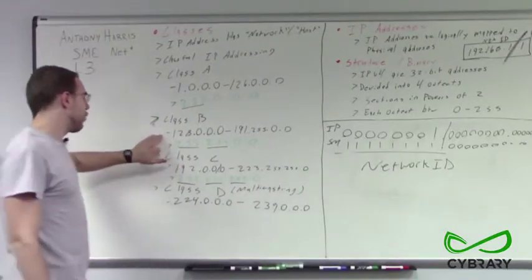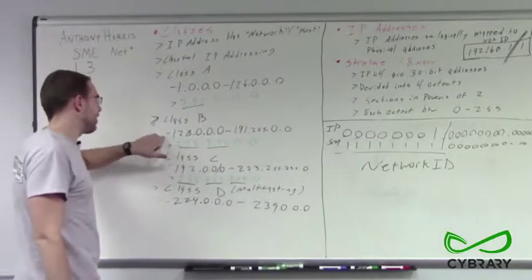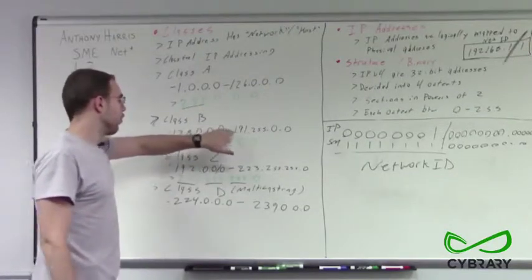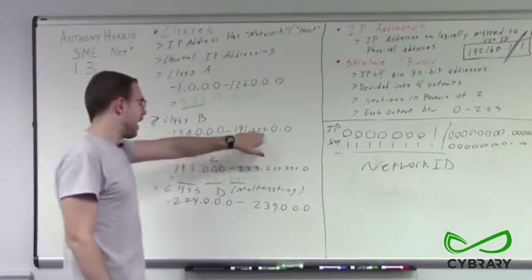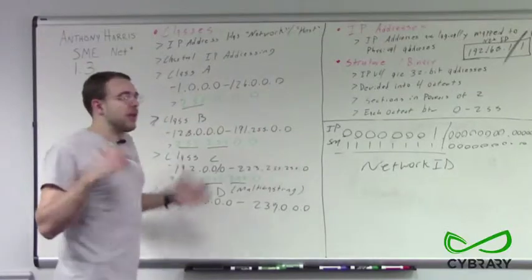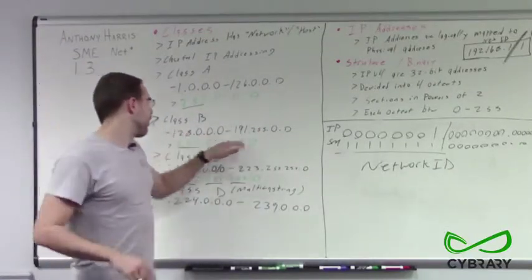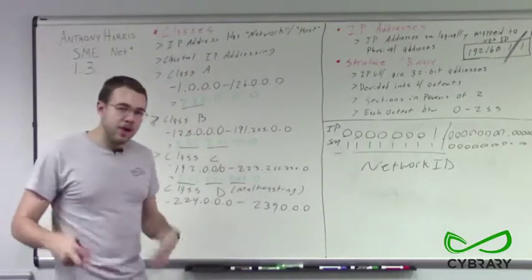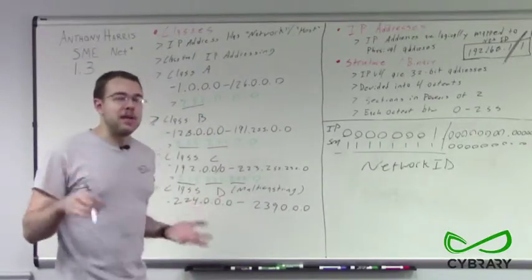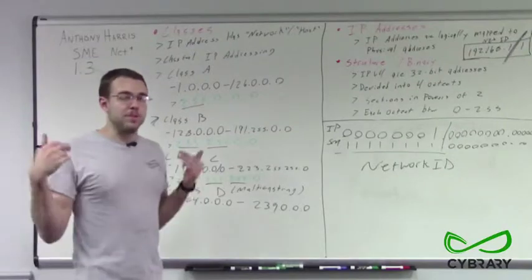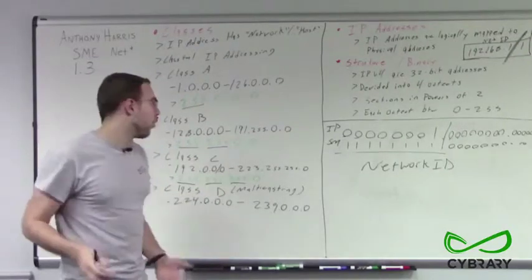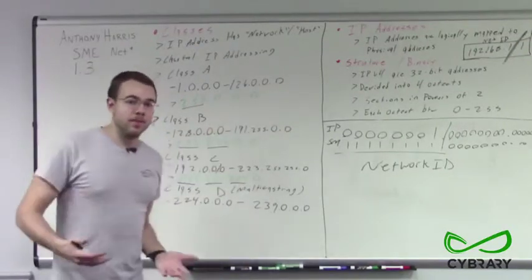And Class B is going to run from 128.0.0.0 through 191.255.0.0. So you think in your head, okay, how can I remember the separation between Class B and Class C then? Well, a very common IP address default for routers that you buy in the store is 192.